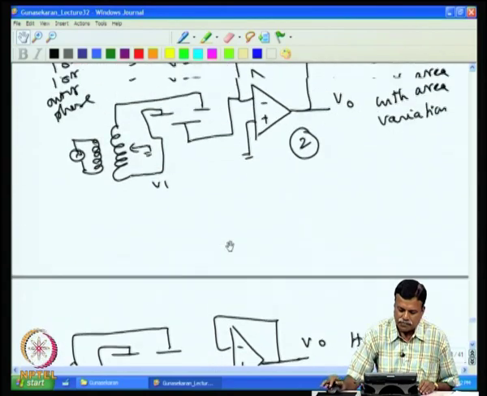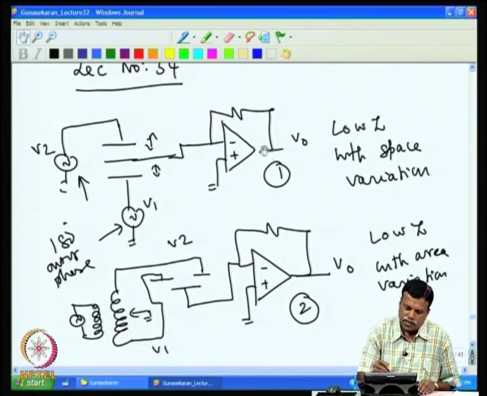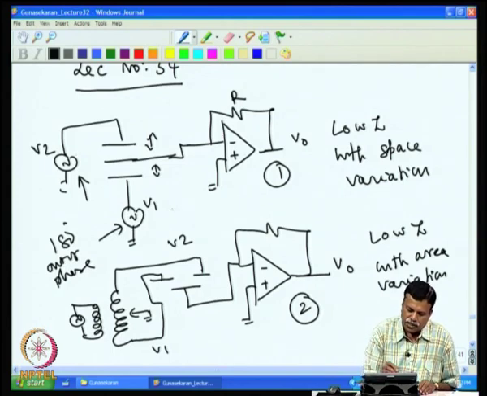So, this we call a high impedance amplifier. Now, if we take the low Z with the space variation, we had shown in the previous class that we will have an output voltage coming across this resistance R. The current is delivered by this and the current is delivered by this. If V1, V2 are from the same transformer, then they are identical voltages, but they can be 180 degrees out of phase.